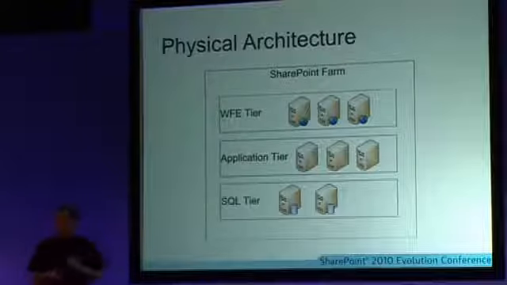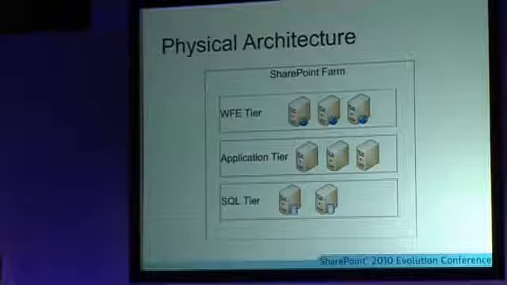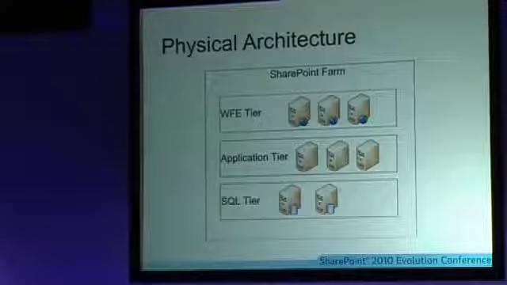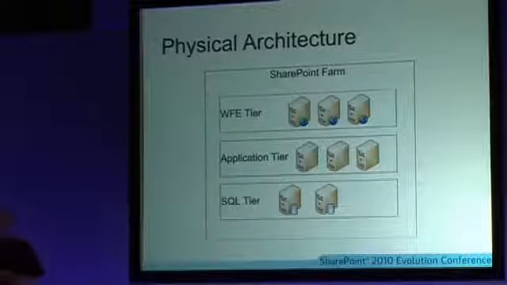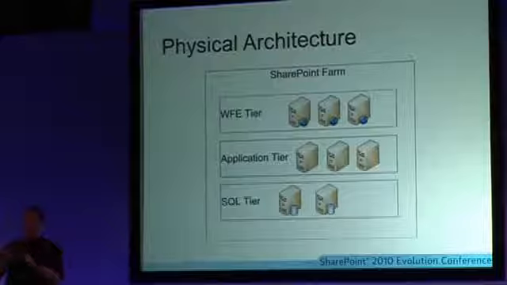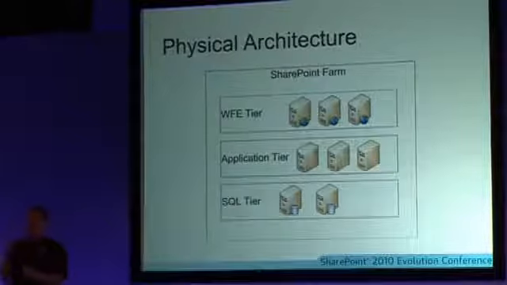Of course, we have 3 possible tiers in SharePoint 2010. And I suppose we've always had the application front-end tier model that we had with 2007. I do think 2010, though, is probably the first time we've actually had SharePoint as a truly scalable and isolated model.